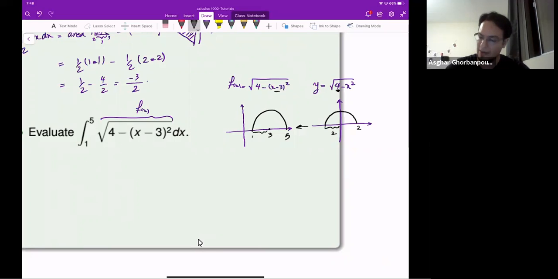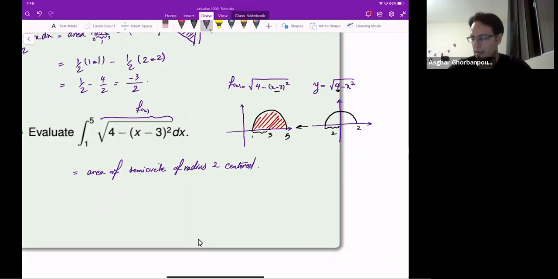So this means that what we have here is going to be the area of, by the way, this is positive function. So area and integral for the positive function and the interval are going to be the same thing. Area of semicircle of a radius 2 centered at 3 and 0.